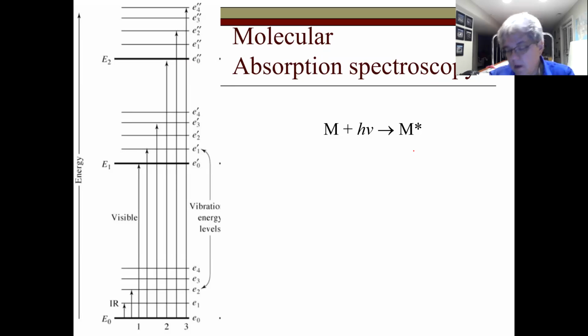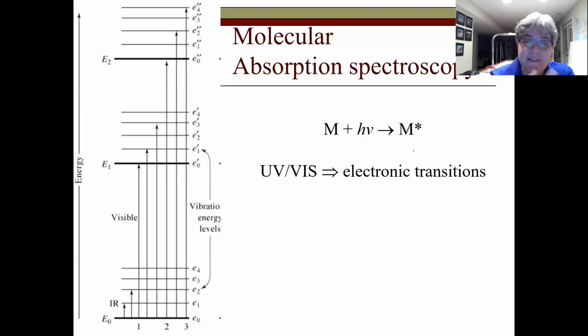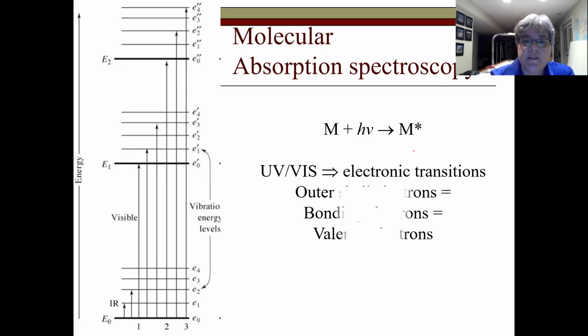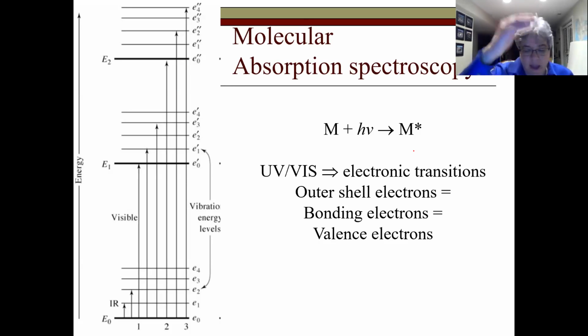And so for molecular absorbance spectroscopy, what kind of transition are we talking about here? Well, UV vis light has enough energy to excite electronic transitions. And specifically, what we're talking about is exciting the outermost electrons. We have several names for those. We can call them outer shell electrons, or bonding electrons, or valence electrons. But those are the things that are actually absorbing this light and going to a higher energy level.